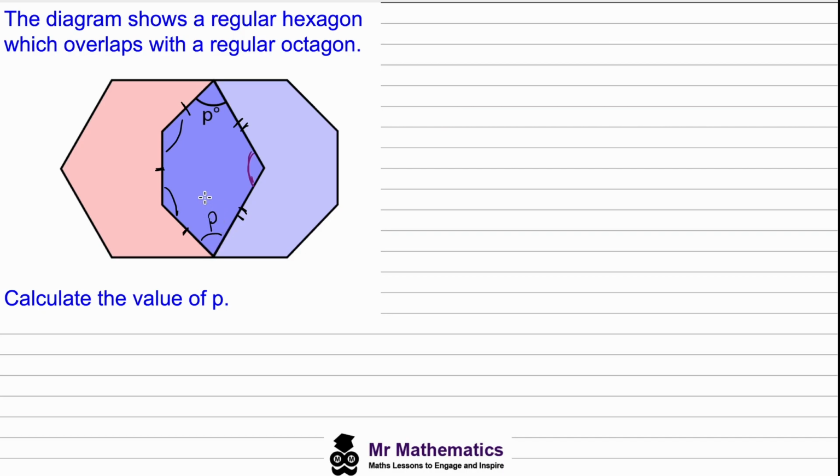Okay, so the next thing we need to do is to work out each of these interior angles. Well, we can work out this one because we know the exterior will be 360 divided by the number of sides, or the number of angles, so divided by 8. And this will give us 45 degrees.